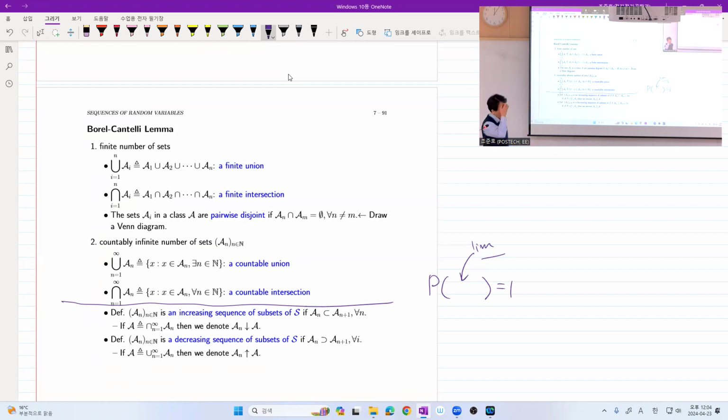So a finite union of events, a finite intersection of events, a countable union of events, a countable intersection of events, you must interpret that. And then we have something very, very good in our analysis. Here goes the sequence of real numbers. And here goes the sequence of events.